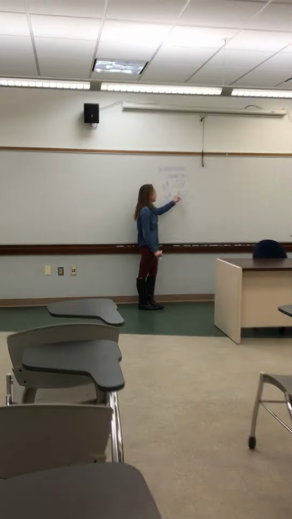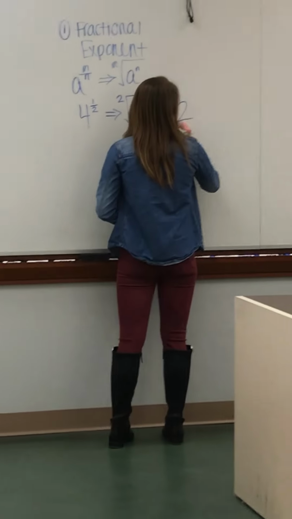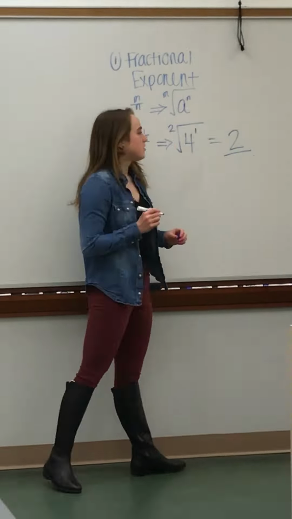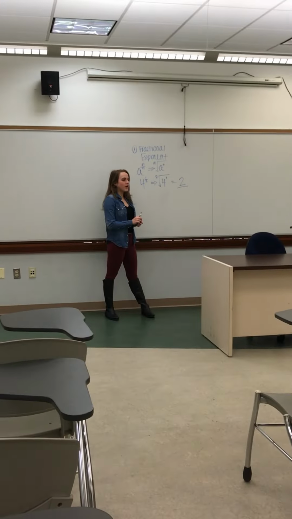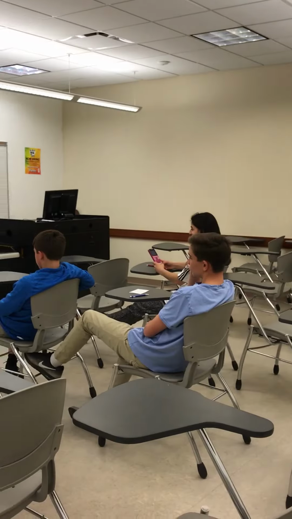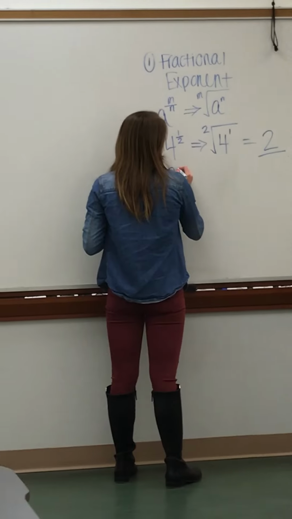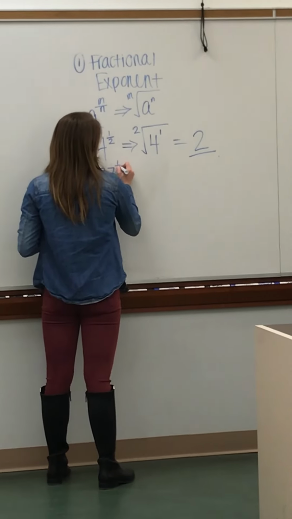What is the square root of 4? 2. Great. So it's 2. Okay. Does anybody have a calculator with them? Okay. Bella, you're going to be my helper, so whenever I ask you to do a calculation, you get to do it. Okay. So now let's consider 27 to the 1/3.